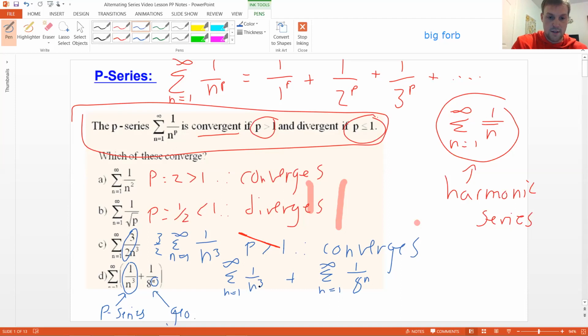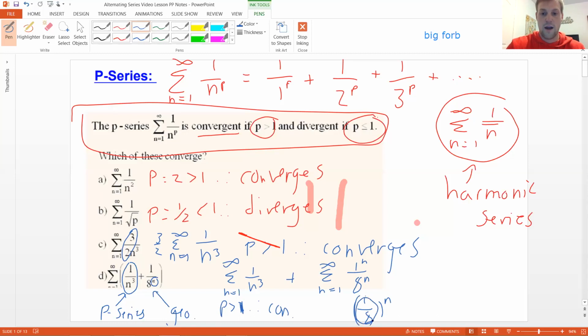So I know with the p-series that p right here is greater than 1, so it converges. And 1 over 8 to the n is the same thing as 1/8 to the n power, because 1 to the n and 8 to the n, I can take the n power out.